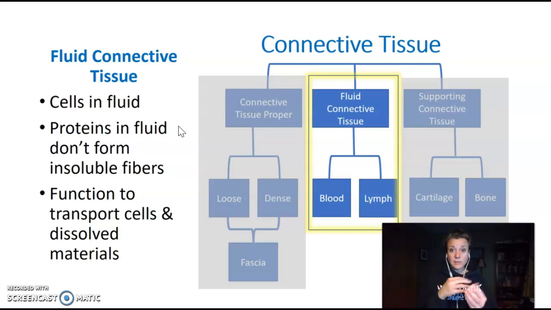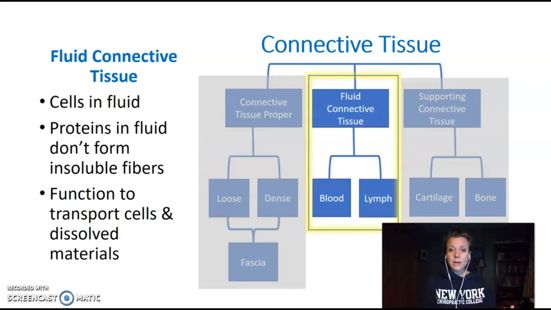They're going to be floating around inside of the fluid itself. And they don't form these long rope-like structures, except in the case of blood where you have a blood clot forming. The main function of the fluid connective tissue is to transport cells and dissolved materials from one place to another. And so our two fluid connective tissues are blood and lymph.